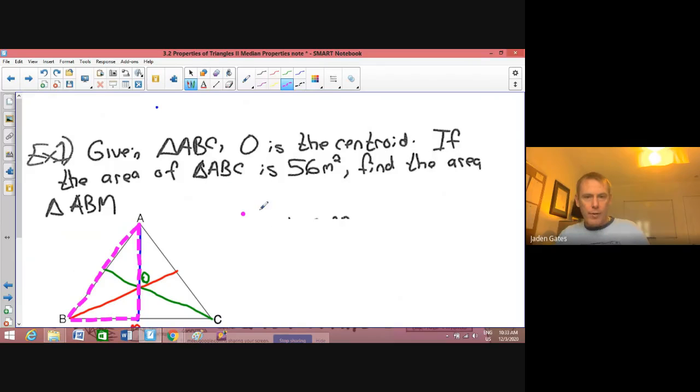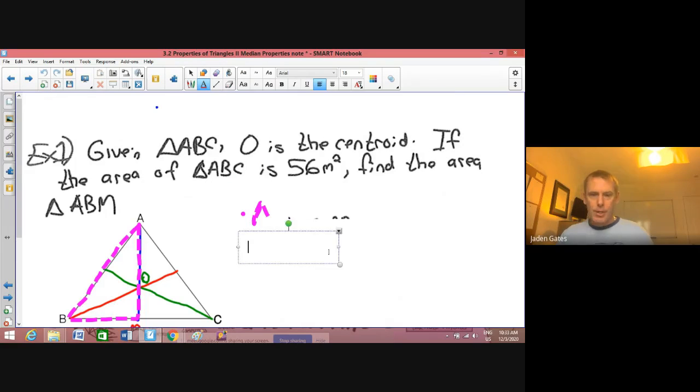And so if I want to find the area of triangle ABM, it is going to equal half of triangle ABC, which is 56 meters squared.